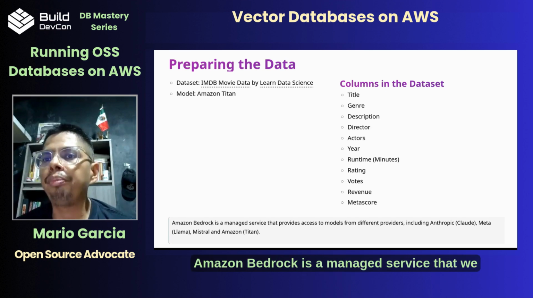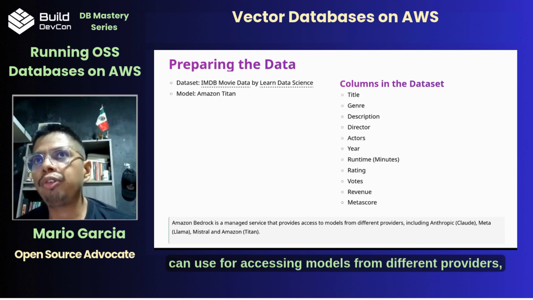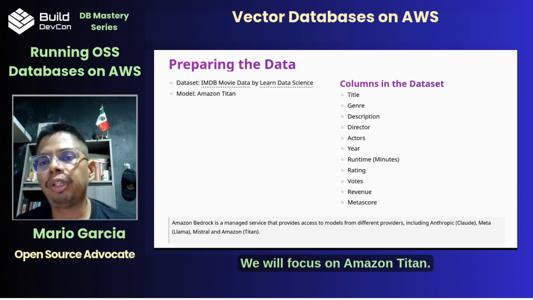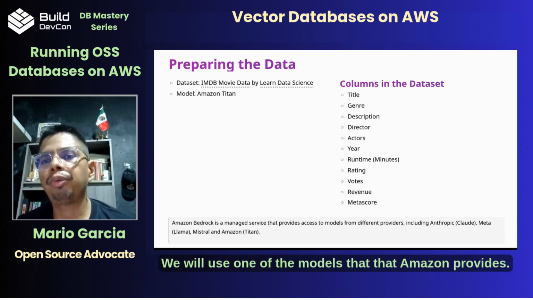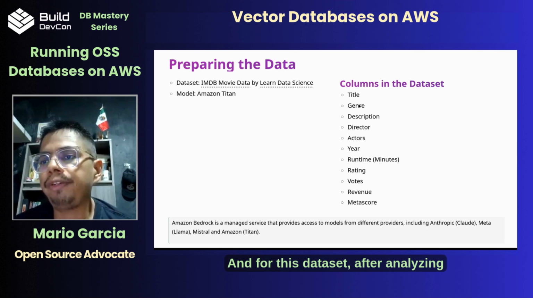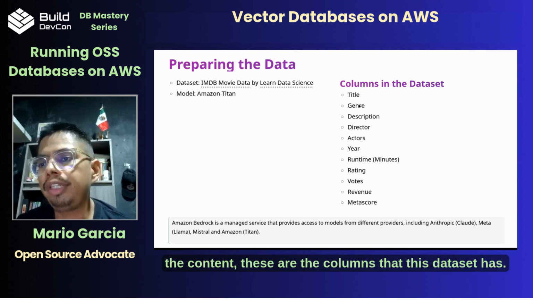Amazon Bedrock is a managed service that we can use for accessing models from different providers, including Anthropic, Meta, Mistral, and Amazon. We will focus on Amazon Titan. After analyzing the content, these are the columns that this data set has.